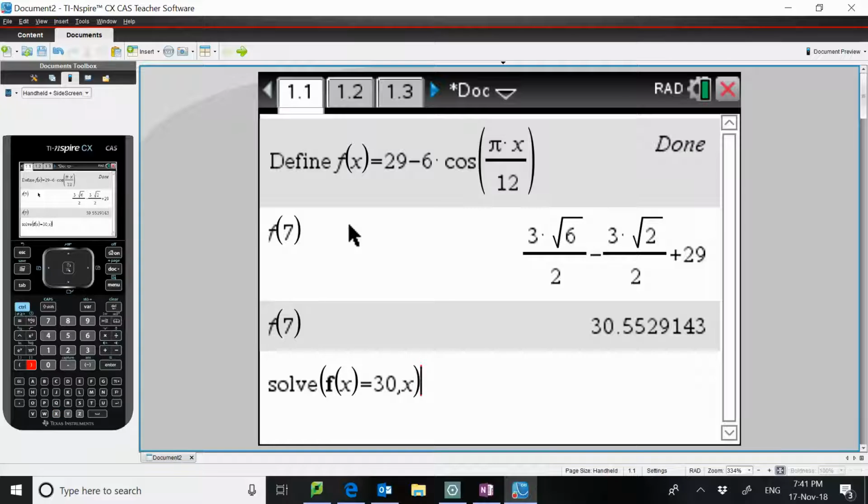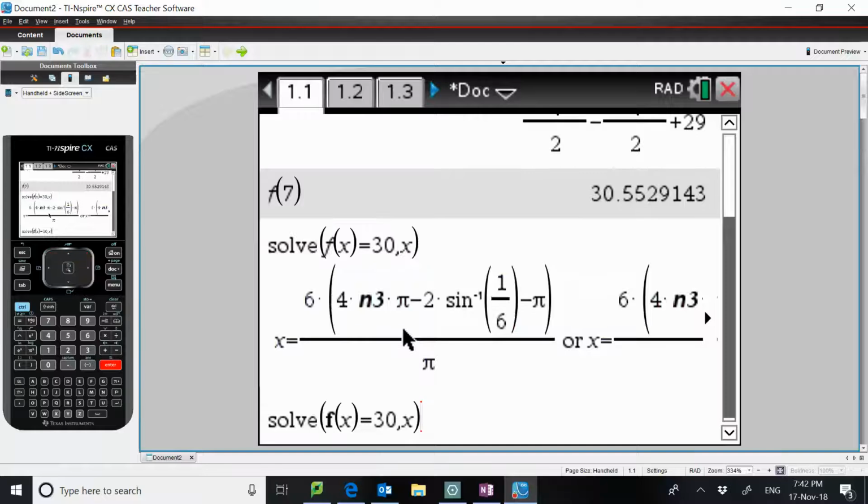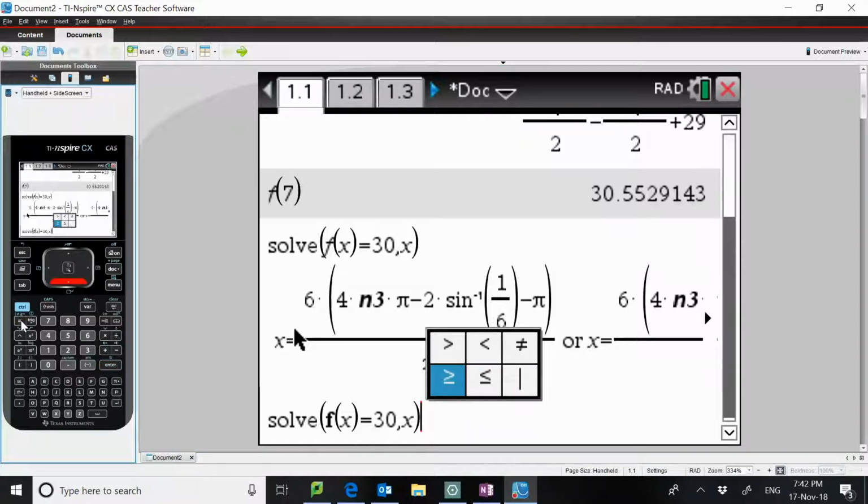Okay, and this is going to give you infinite solutions because you don't have a domain. So you see, if I press enter, you get really weird answers. Now, we know because they're talking about a day, a day starts from 2 a.m. to obviously 2 a.m. again. So it would be 0 to 24 hours. So in my case here, I would then put a domain.